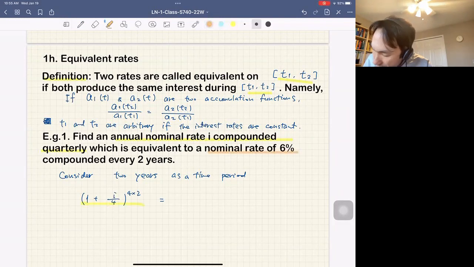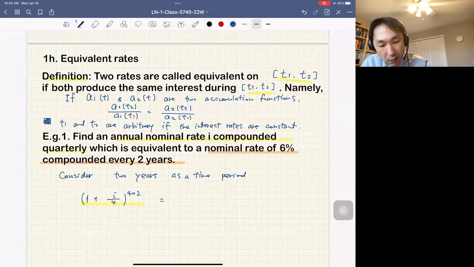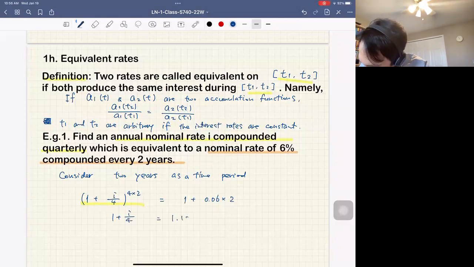The nominal rate of 6% compounded every 2 years. That means we have to wait for 2 years to get the nominal rate of 6%, so over 2 years we get 6% times 2, so 1.12. So (1 + i/4) is equal to 1.12 to the power 1/8.